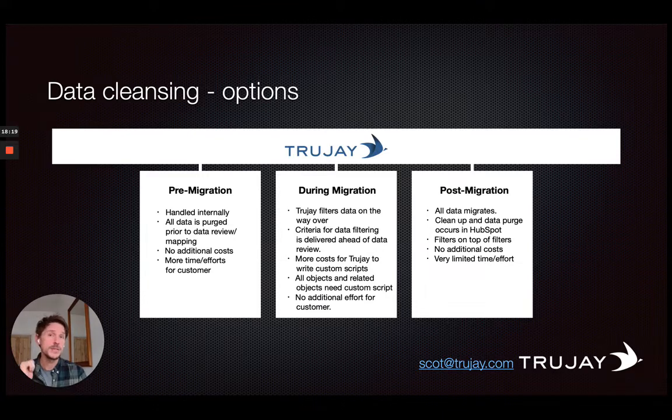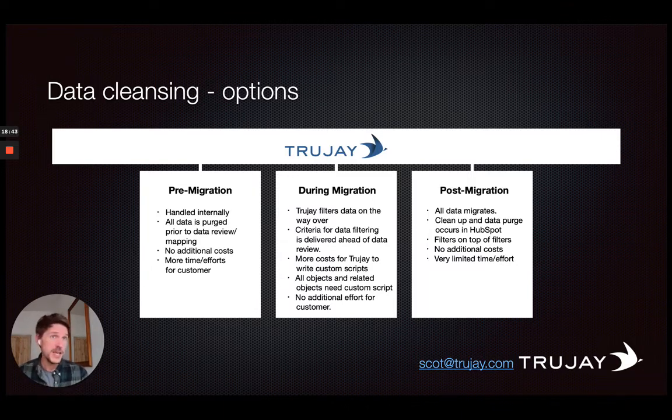One is you can clean it yourself inside of Pipedrive. You know your data better than a partner does, so it might be worthwhile. However, this takes more effort for you and time to get that done. The other option is you can ask somebody like us or a partner and say, hey, can you filter the data on the way over?